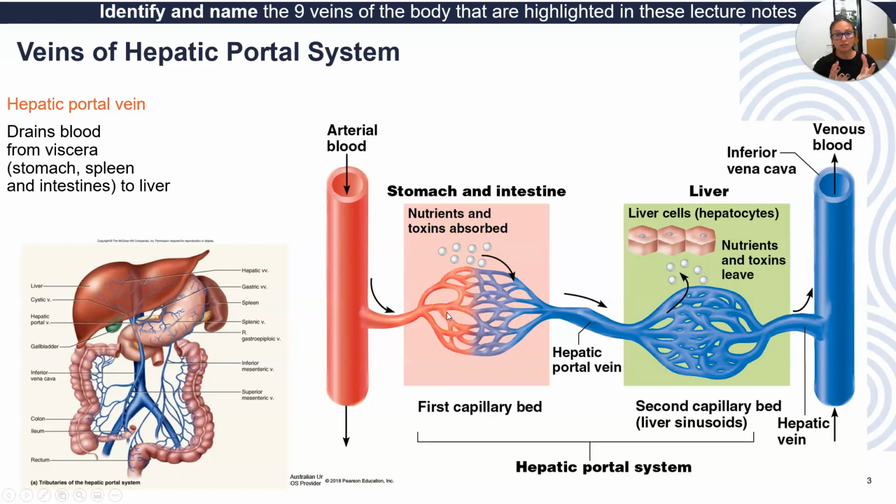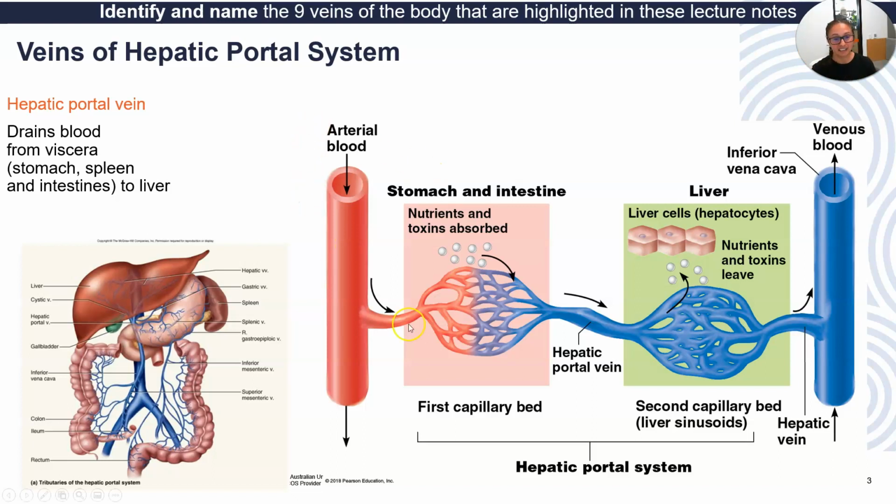Then you absorb things. So you absorb your nutrients, your protein, your carbs, your lipids. But instead of all of that stuff that you've absorbed going straight into your blood, your systemic circulation, it is looked at by the liver first.